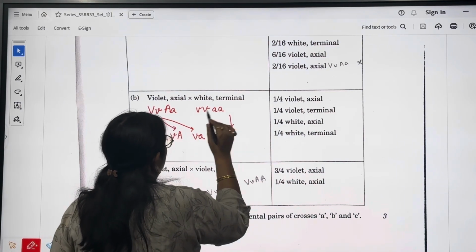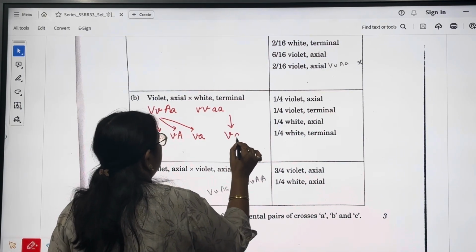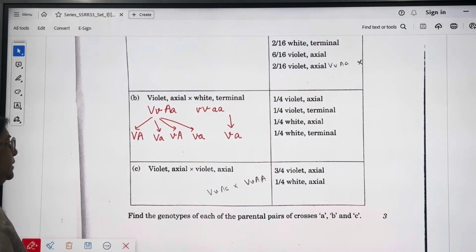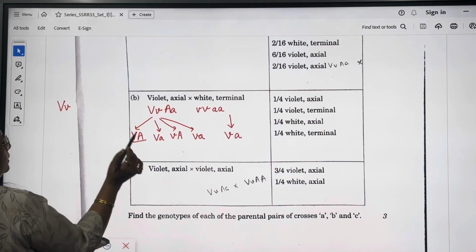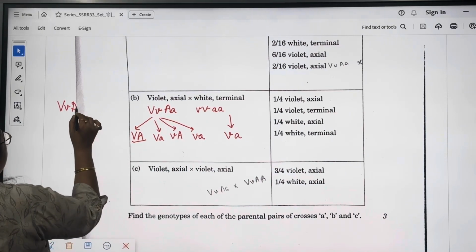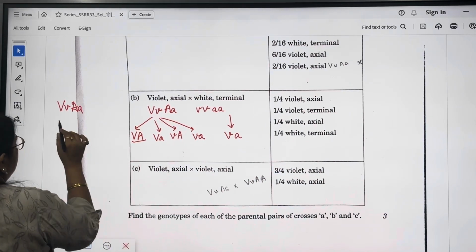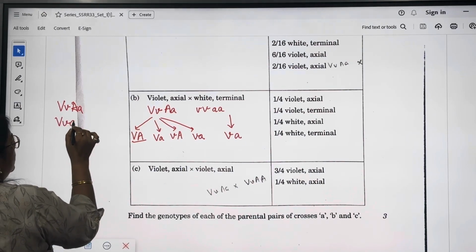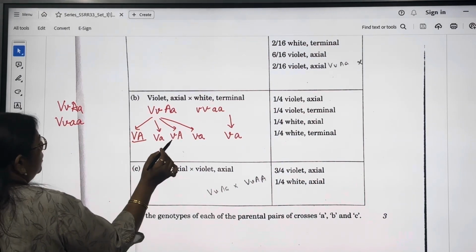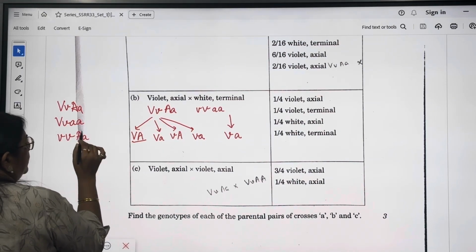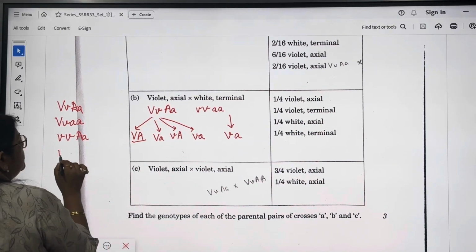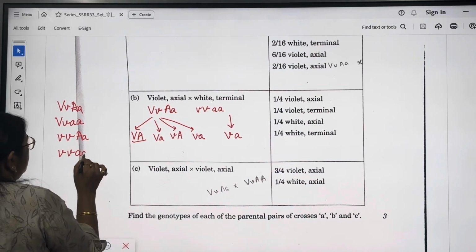Only one type of gamete is produced by the other plant, small v small a.